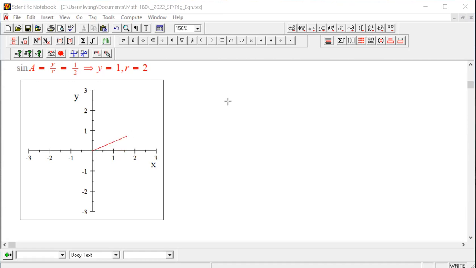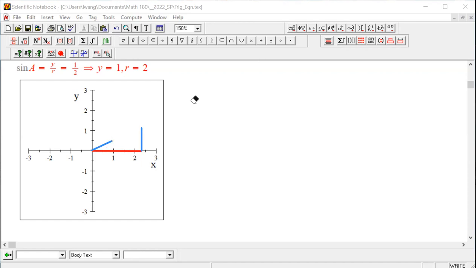Think about the scenario by definition. We don't know x. X is a red number, we don't know what it is, but we know y. Y is the blue number, and r is 2.